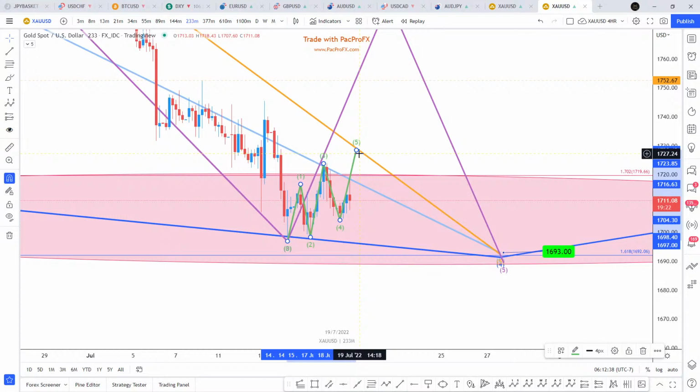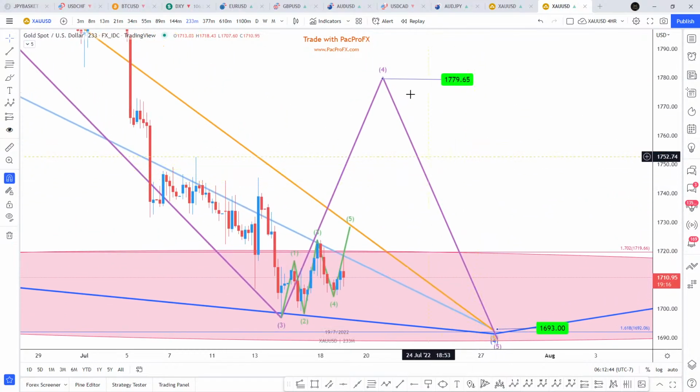And this may be an A, B, and a C to get up here. So we may correct a little bit and then end up going up here to 1779. Or if not, we will actually just straight go down to 1693 after this.